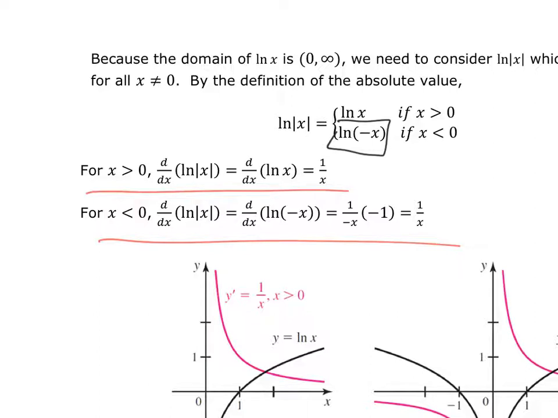Well, we can as long as I'm not doing it at the corner. And the corner in this would have been 0, but it's not defined at 0 anyways. So I can do the derivative of the natural log of the absolute value of x because I can't do the derivative at the corner, and the corner, if there was one, would have been at 0, but it's not defined there. So I kind of cheat. I can do the derivative of the absolute value all day long.